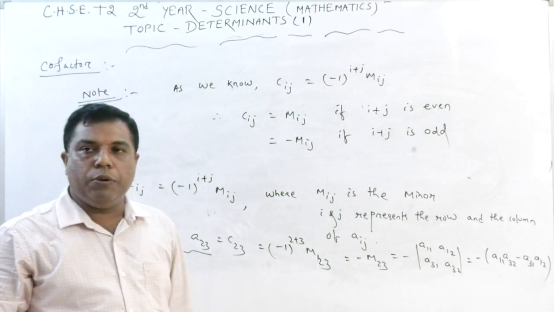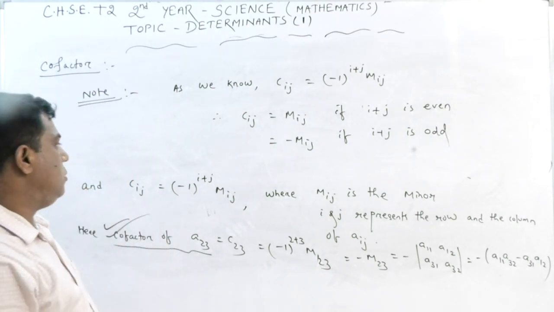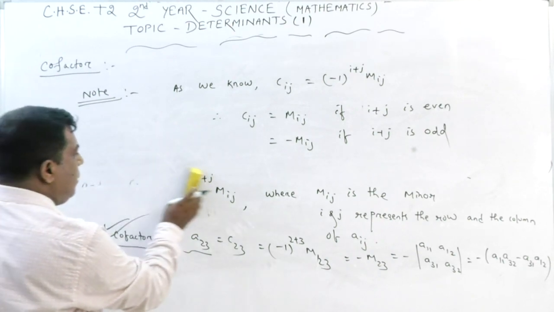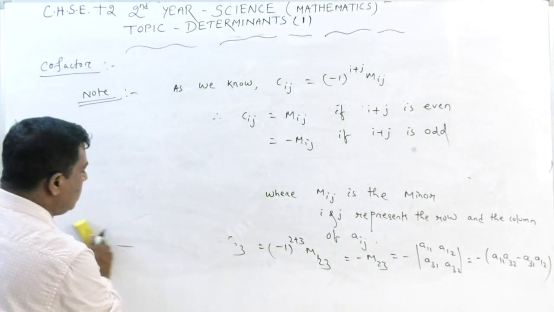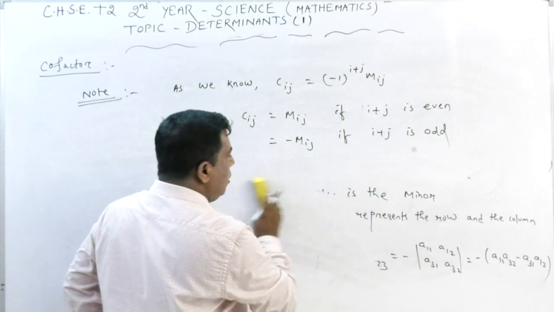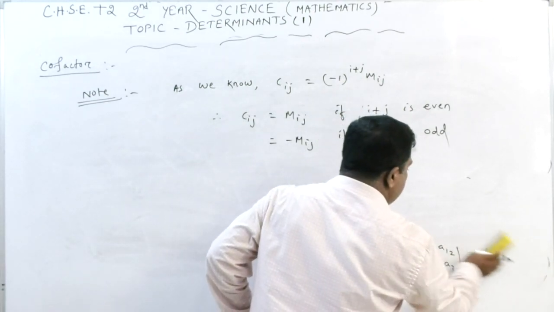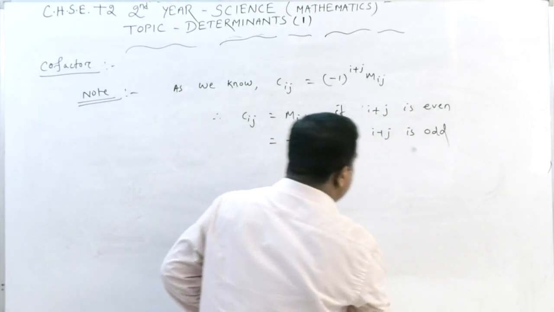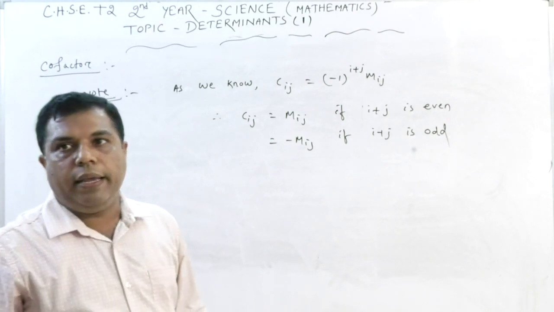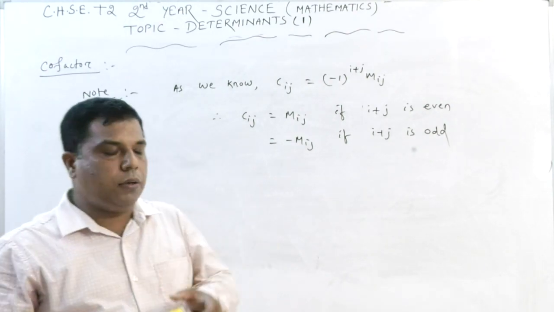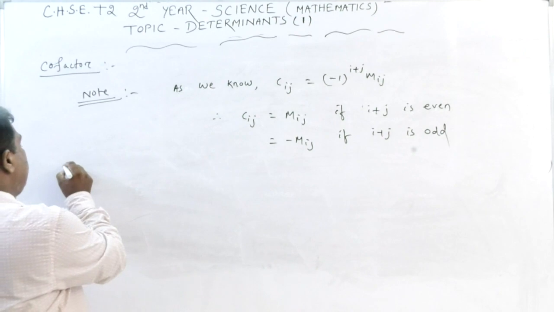Now I am going to give you some other information on the cofactor. Before that, let us find out the cofactor and the minor of a given determinant. Let us take one example.